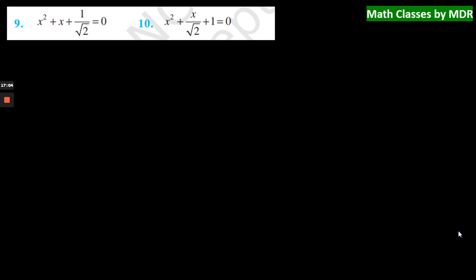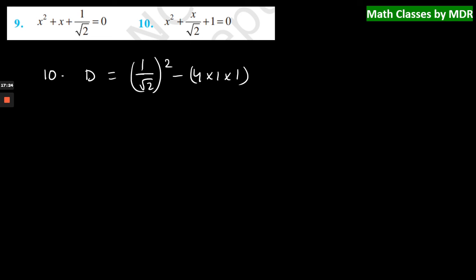Now let's see the 10th one. The 10th one is x squared plus x by root 2 plus 1. The discriminant d is b squared, that is 1 by root 2 whole squared, minus 4 into a into c. a is 1, c is 1 here.